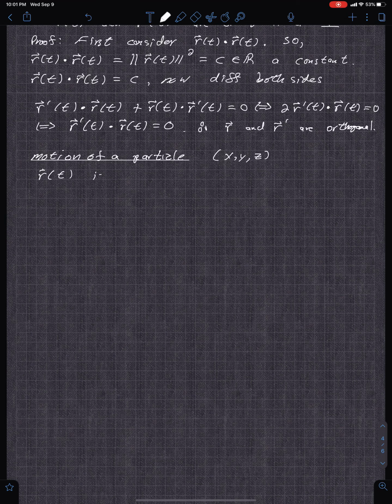So r of t is called a position vector function.